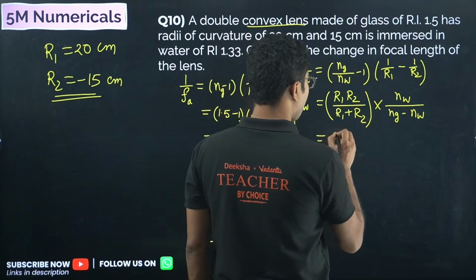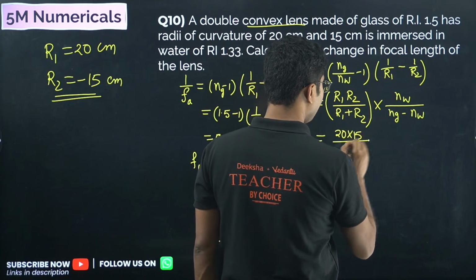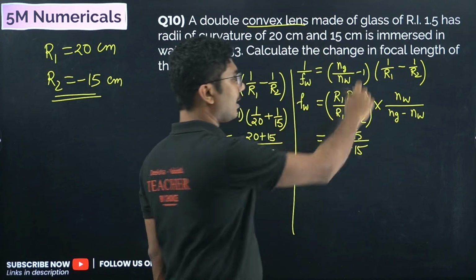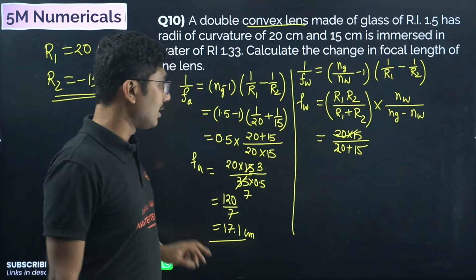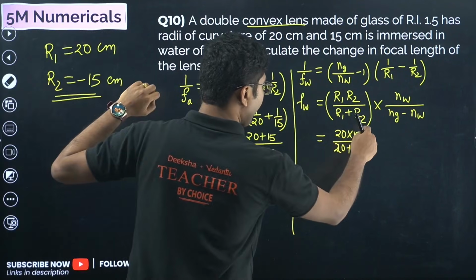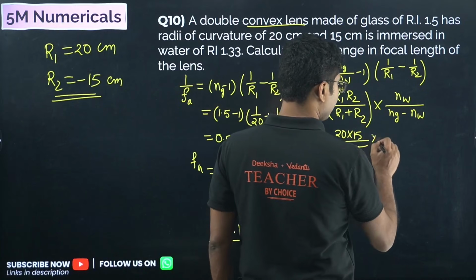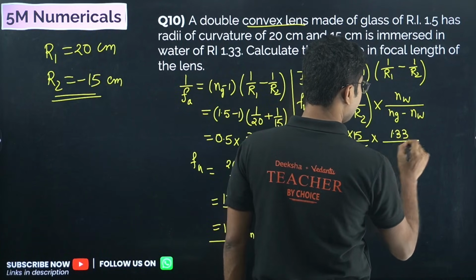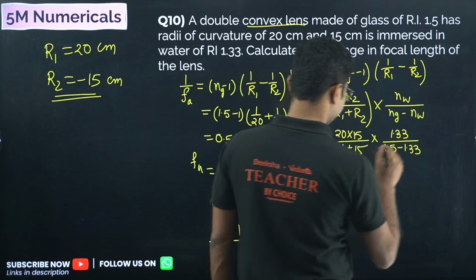Okay, so R1 R2 is 20 into 15 divided by 20 plus 15. We have put R2 itself as minus, that's why we are putting only positive values. Okay. Now, what about this term? N water is given by 1.33, and here we have 1.5 minus 1.33.